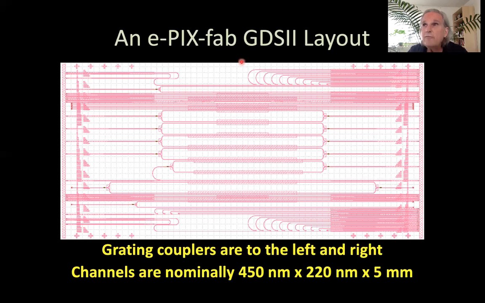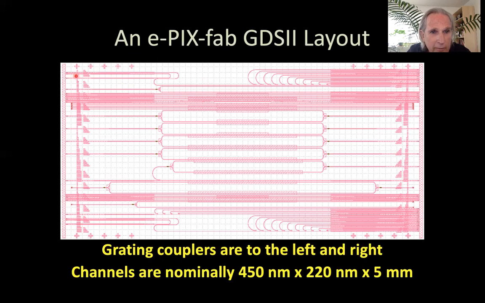So this is a lot of 90 nanometer dots put together to form waveguides. This is a small piece, a few millimeters by a few millimeters, of a layout on a 200 millimeter wafer.